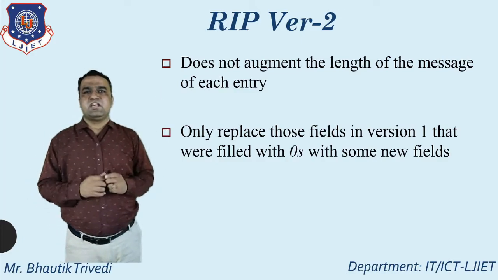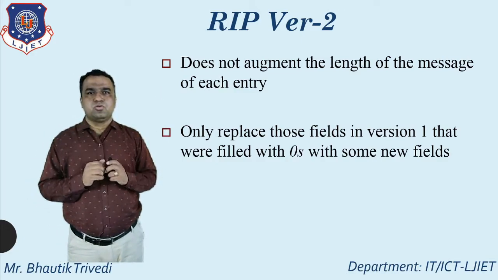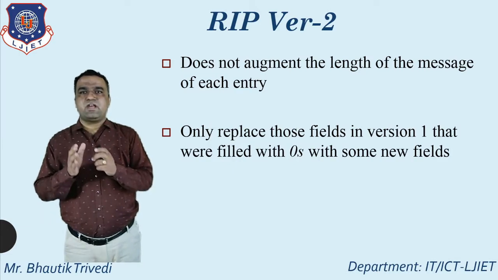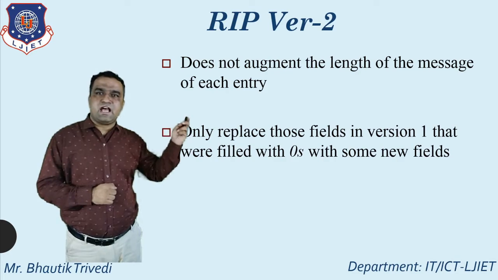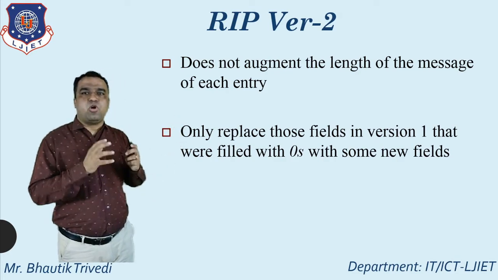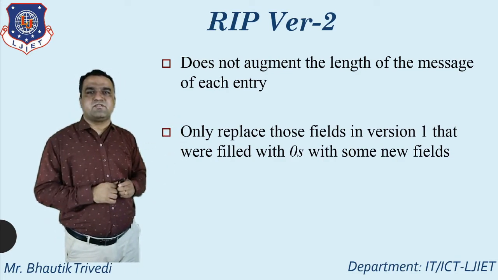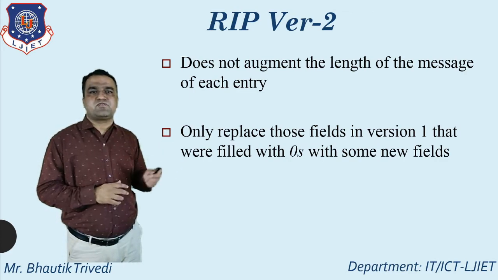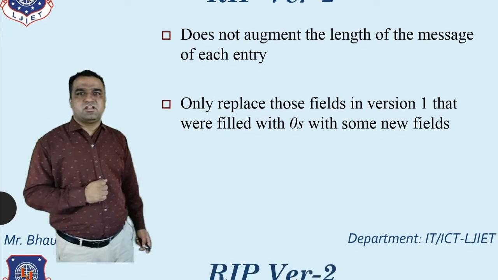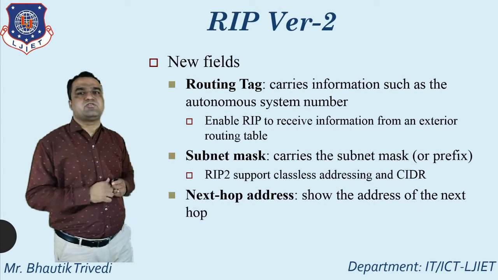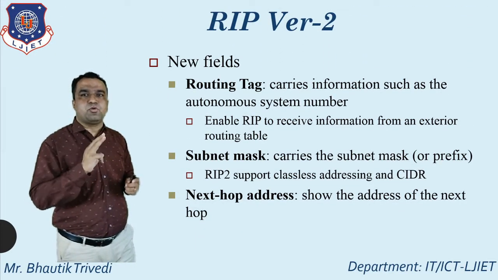So here you just see RIP version 2. RIP version 2 and version 1, what is the difference? In RIP version 2, it only replaced those fields in version 1 that were filled with zeros with some new fields. So what updates are in RIP version 2? Here you see three important fields.